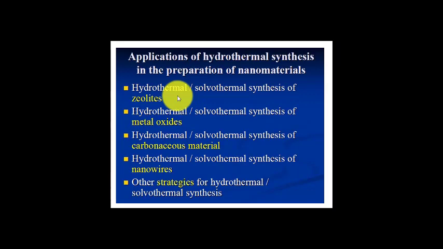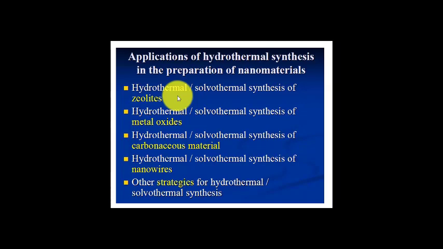The hydrothermal or solvothermal method can be used for the synthesis of zeolites, which are a big class of compounds. There are so many zeolites which have been prepared, and they have a lot of potential properties.